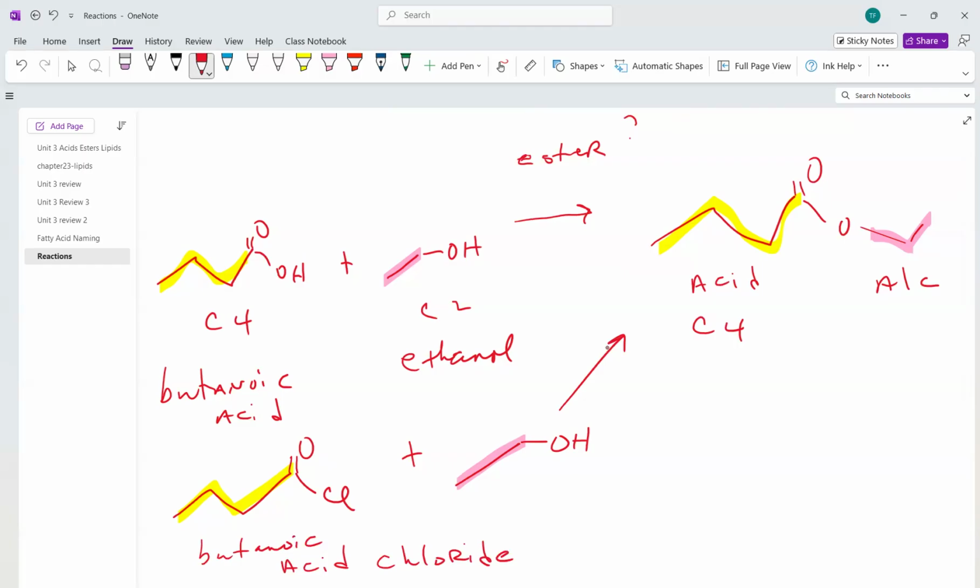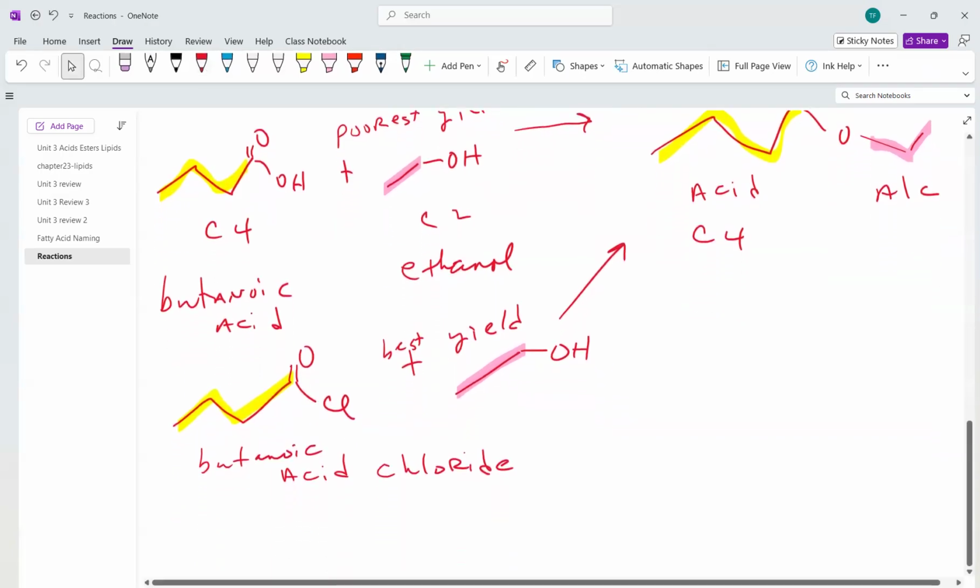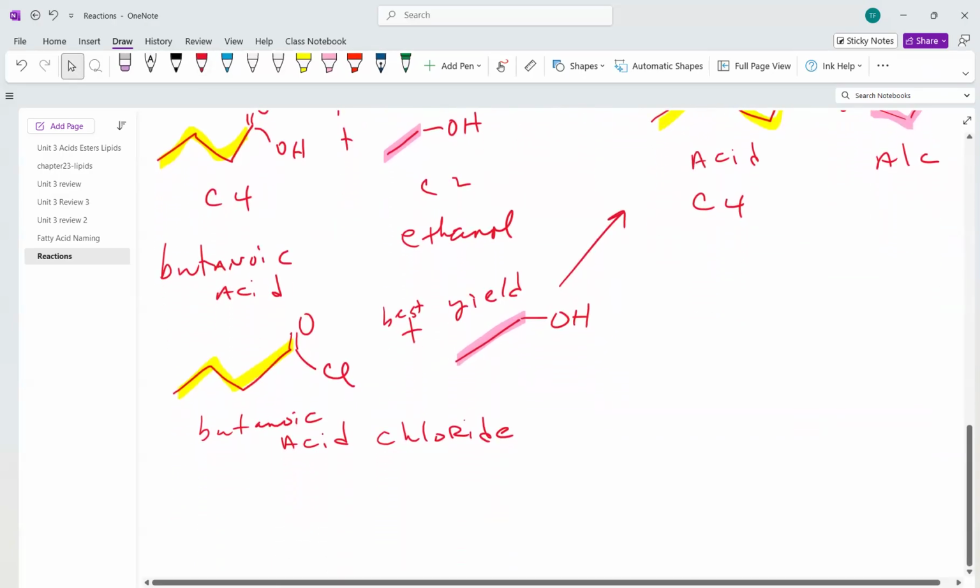Okay, so this is the poorest yield. Best yield. And then in the middle of the road, which we used in our aspirin lab using the anhydride.